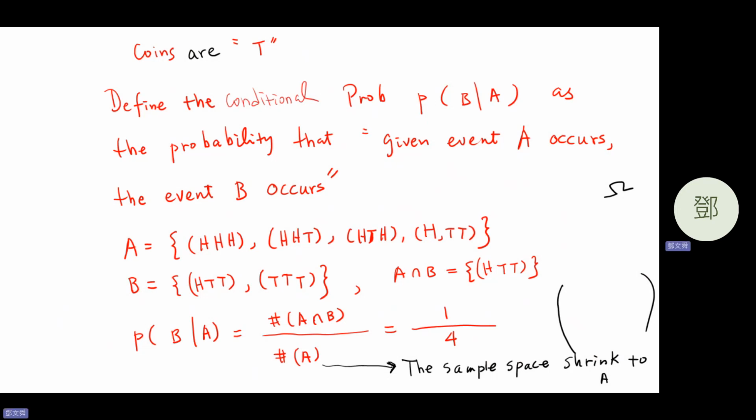When you are given the condition that A already occurred, the sample space shrinks to A. It's important. When you are given a condition, your sample space is smaller.